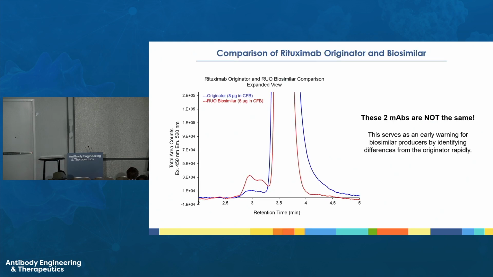And you can see, this was an RUO, research use only biosimilar because that's easily available. But you can see the differences between two manufacturers. The originator one is very clean of aggregates, and the biosimilar is different. So for biosimilar developers, it's a nice quick way.